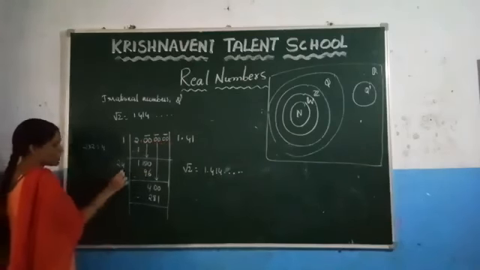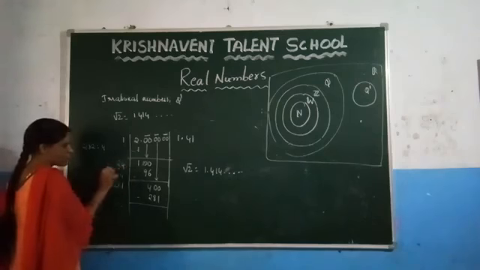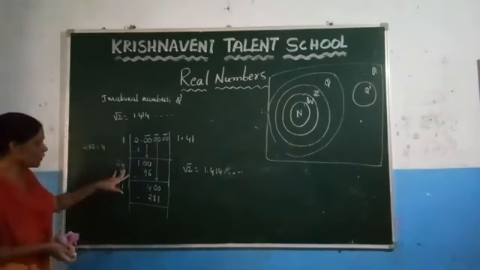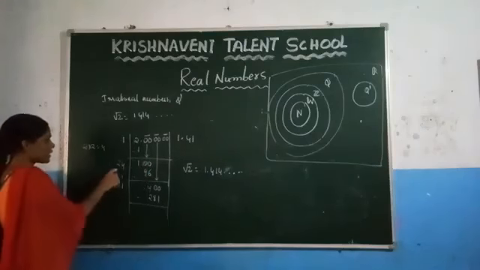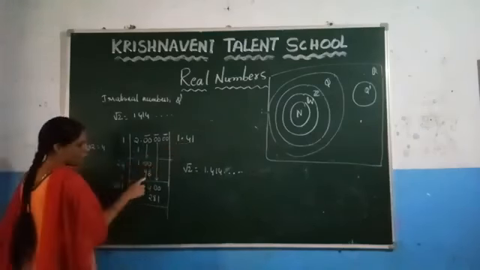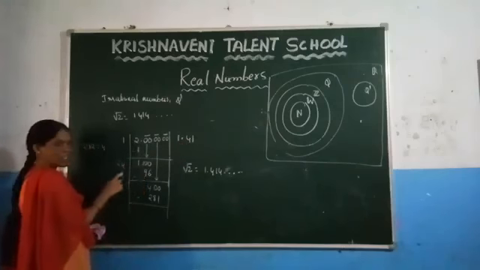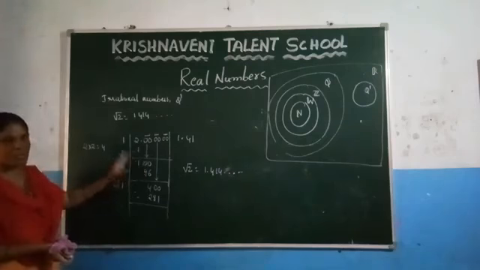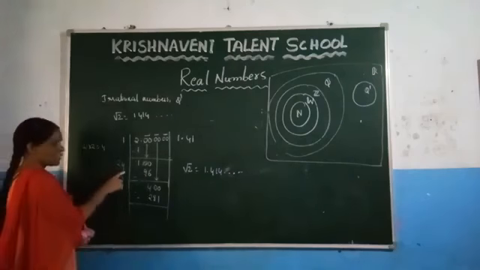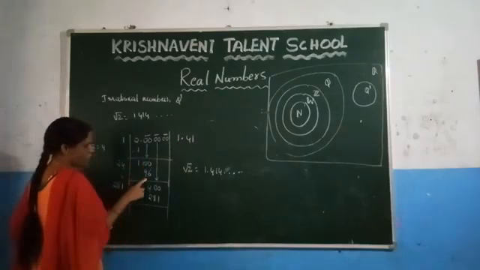Now again the same procedure. You have to write one number such that if you multiply those numbers, you get a number which is less than 100. Now if you consider 24 into 4, you are getting 96. If you consider 25 into 5, you are getting 125, which is larger than 100. So we have to consider 24 into 4, which is 96.